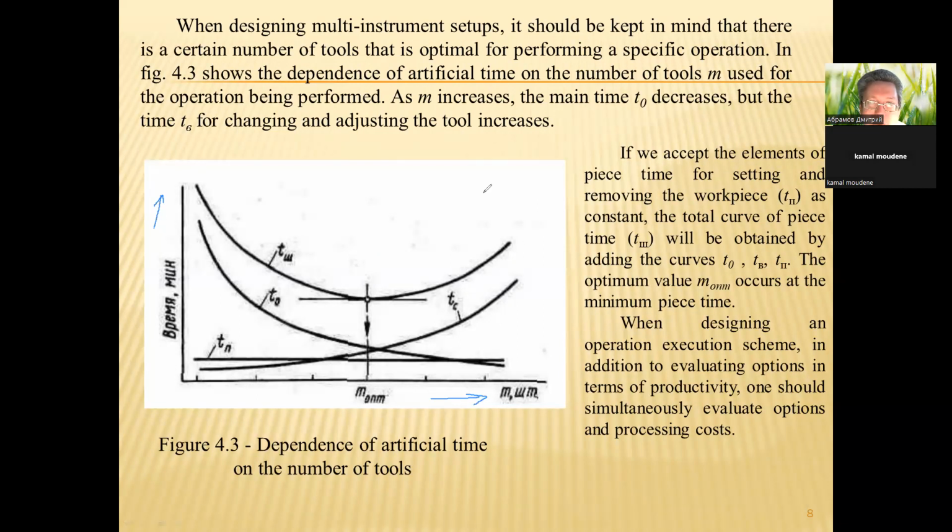As M increases, the main time, T suffix 0, decreases, but the auxiliary time is increased.